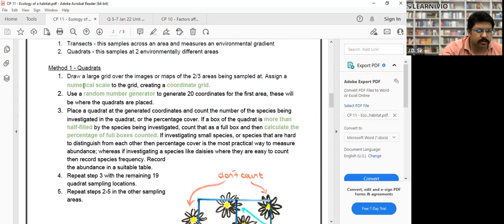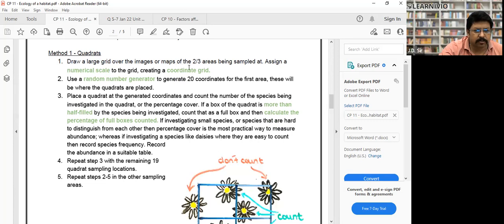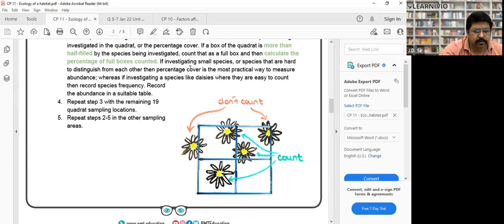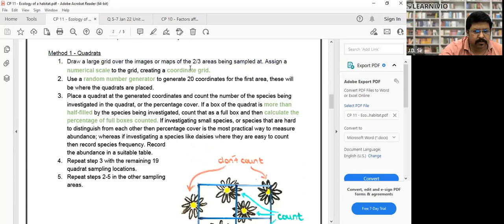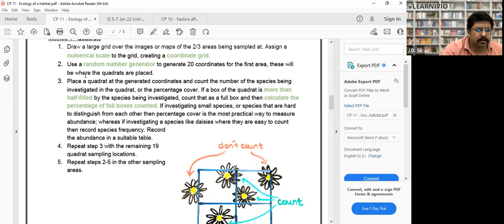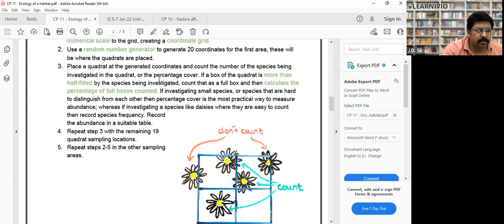Method 1: quadrat. Draw a large grid over the map of the area being sampled. Assign a numerical scale to the grid, creating a coordinate grid. Use random numbers to generate 20 coordinates for the area where the quadrats are placed.